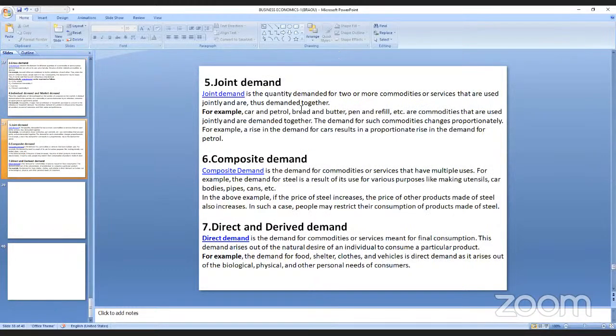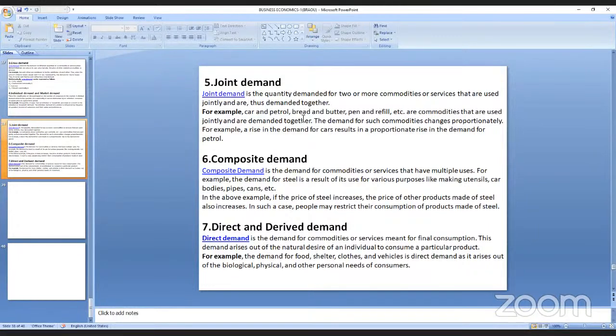Joint demand. Joint demand means what? Joint demand is the quantity demanded for two or more commodities that are used jointly. For example, car and petrol is joint. Bread and butter is also joint. Pen and refill is joint.